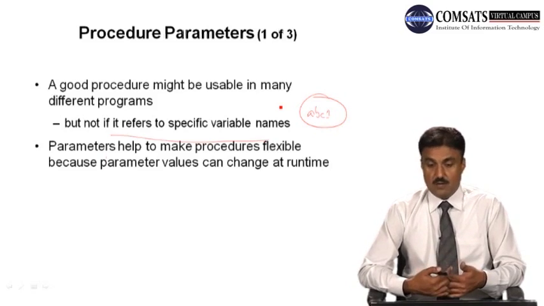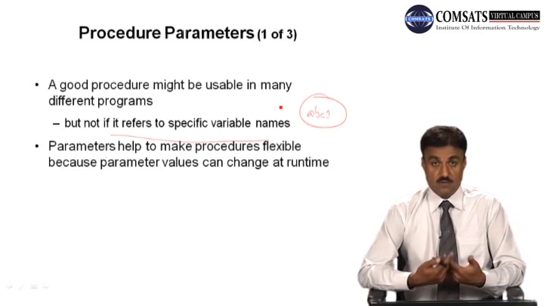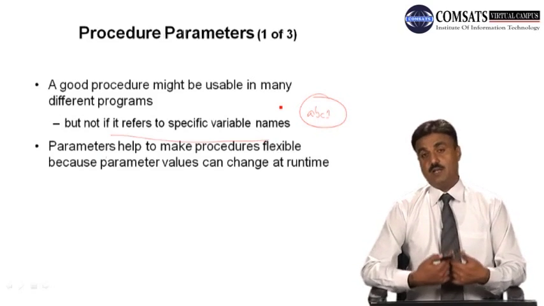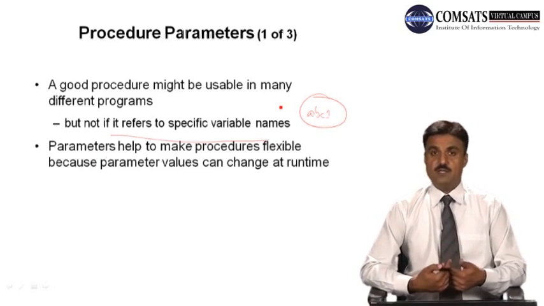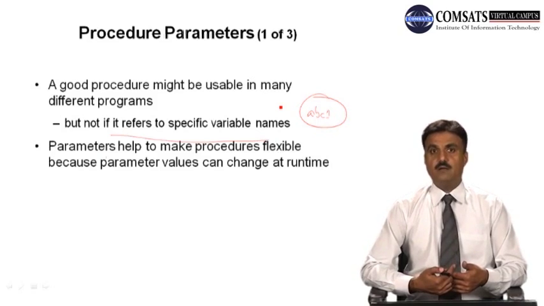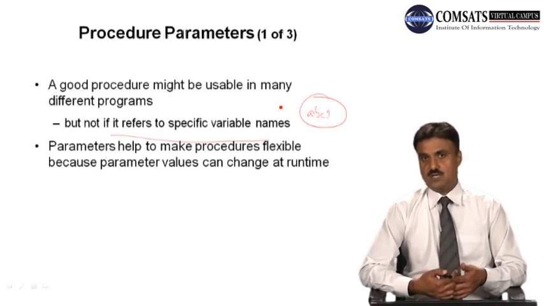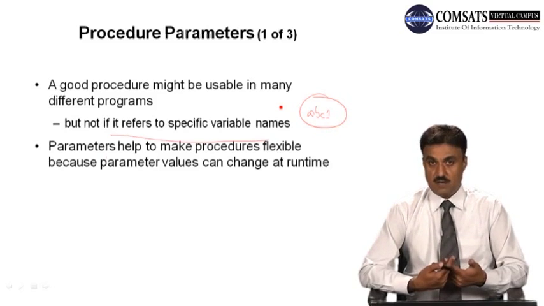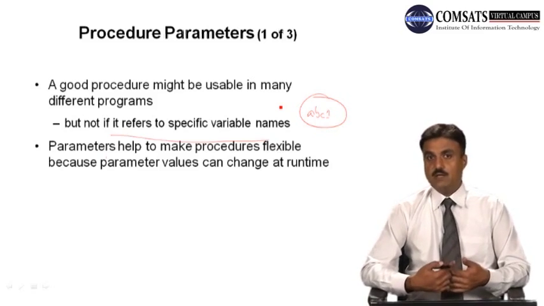For example, from the main program, there is one variable. Its name is my array, and if I use the same name inside the procedure, then this procedure is restricted to that my array or some array name only. So we have to avoid that situation.